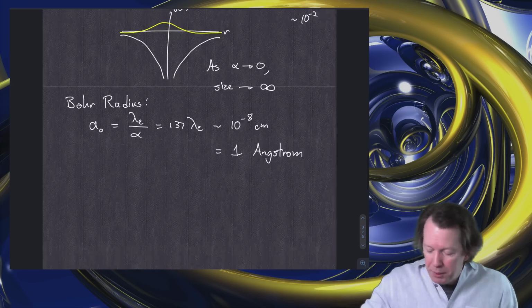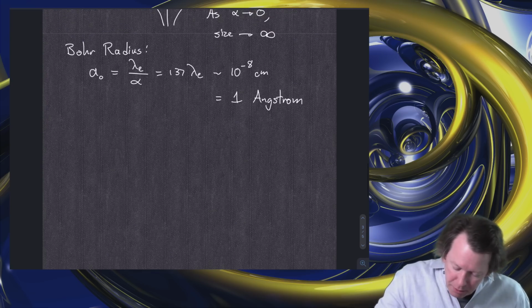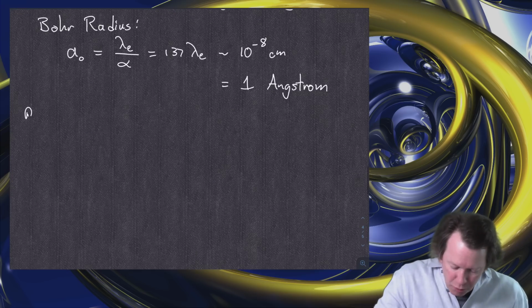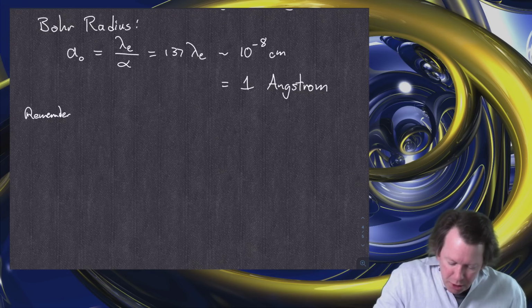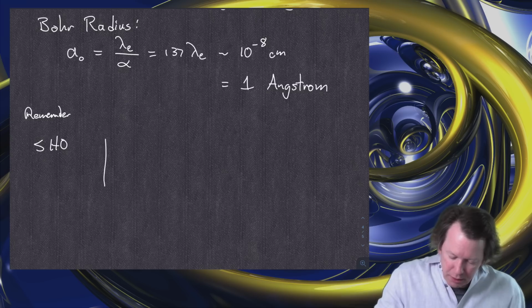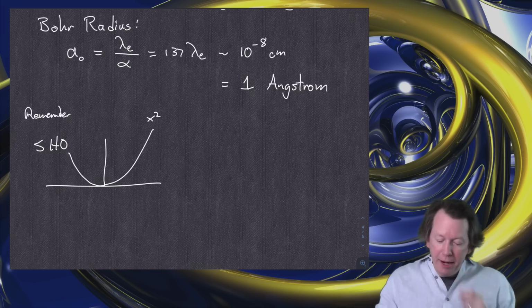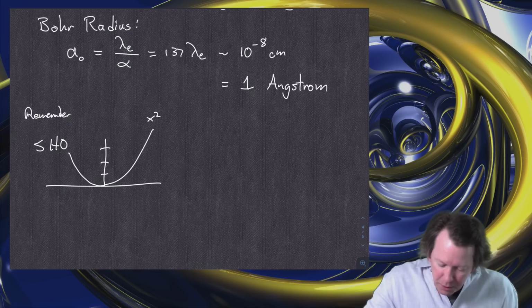And remember we did the simple harmonic oscillator? Simple harmonic oscillator was a thing where we had a potential that was a parabola, x squared, and we said that the energy levels were equally spaced.